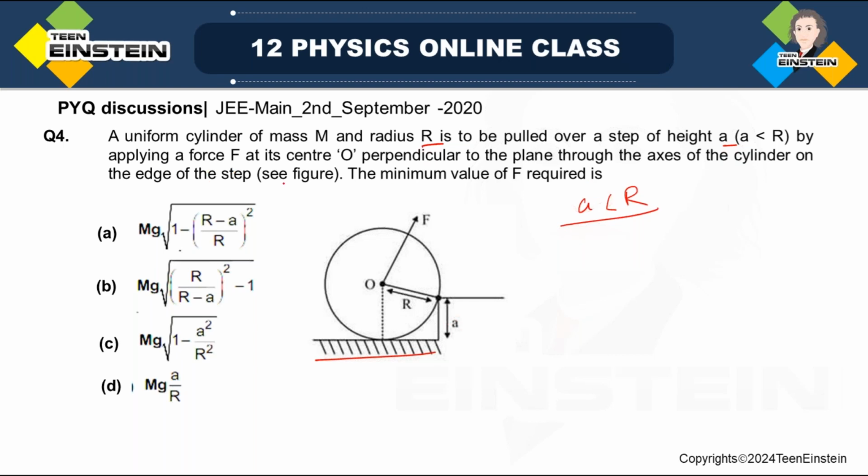The force F is applied at its center, perpendicular to the plane through which the axis of the cylinder passes on the edge. Suppose my cylinder is like this, this is actually a cross section.